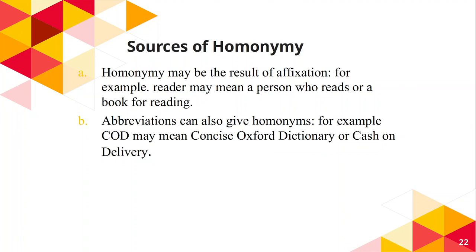Another source could be abbreviations. Say for instance, COD. This can mean Concise Oxford Dictionary, or another, which is very common when you order products online, cash on delivery option. So both are COD.